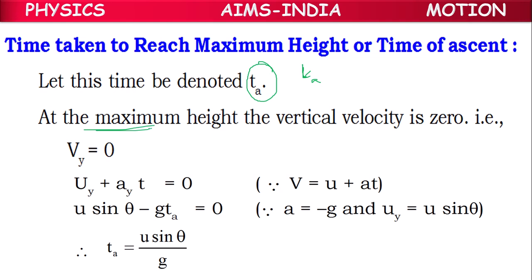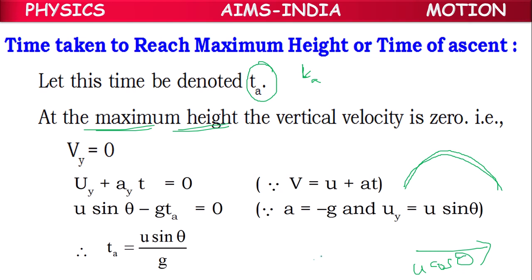At the maximum height, because throughout the journey of the projectile along the horizontal direction no force is acting, this u cos theta is constant throughout the journey of the projectile.